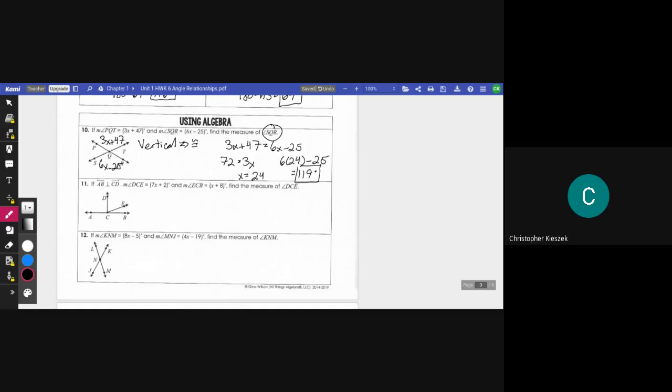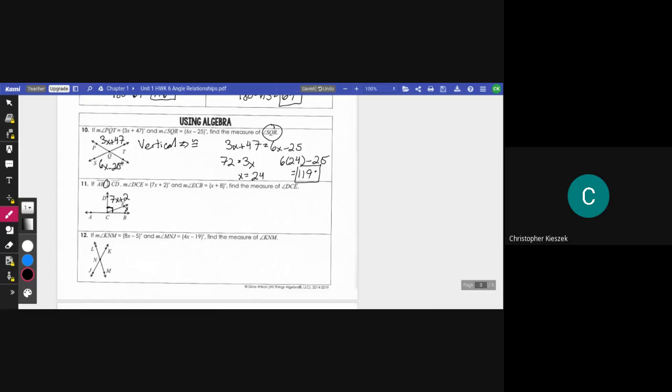All right. Let's look at number 11. If line segment AB is, and what does this little symbol mean again? It means perpendicular. So if line segment AB is perpendicular to line segment CD, which means they're 90, DCE is 7x plus 2, so let's write that there.